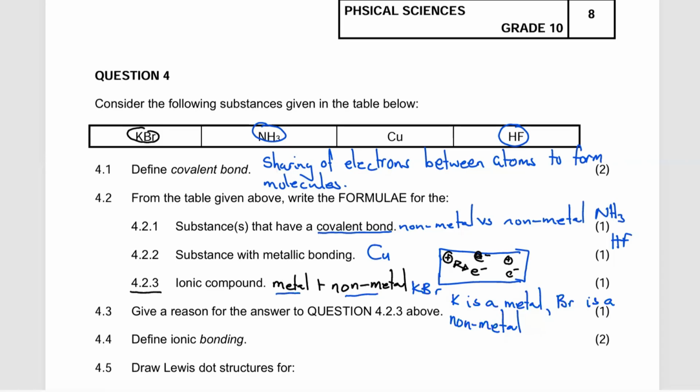Okay, so then how is an ionic bond formed?